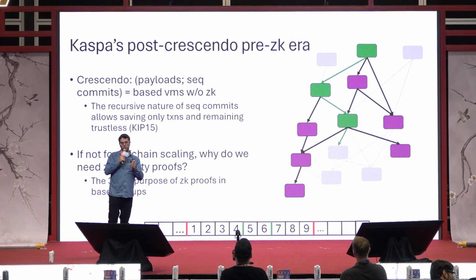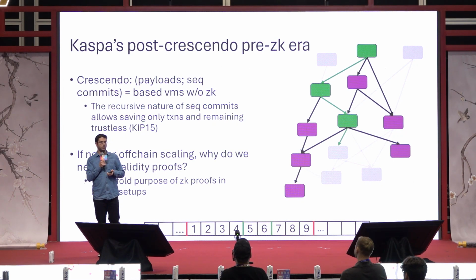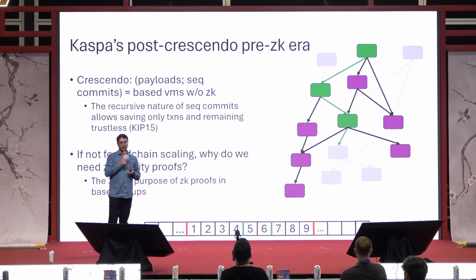So if I want to zoom in on these sequencing commitments, what we ended up doing, following KIP 15 by Roma and Mike Zach, is to support these sequencing commitments with the basic hash function already in Crescendo, and to add support for payloads, meaning transactions can, starting in a few weeks, also carry arbitrary data.